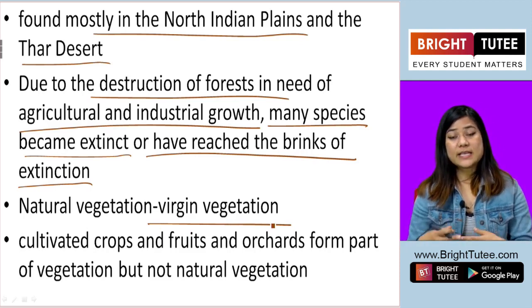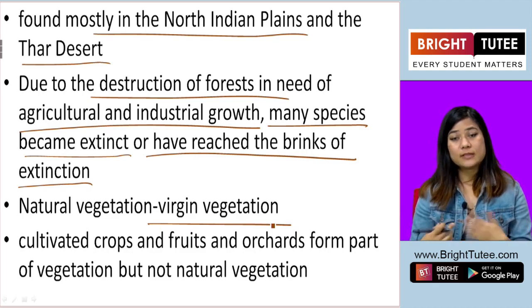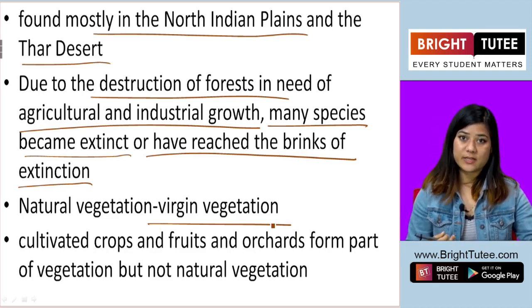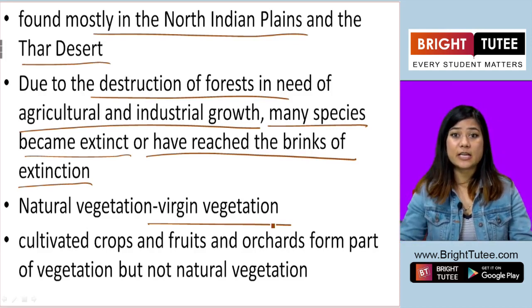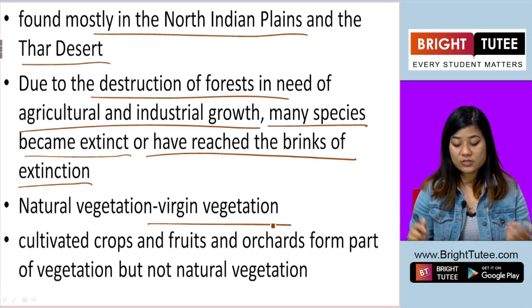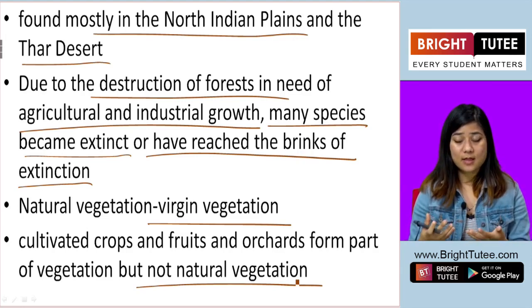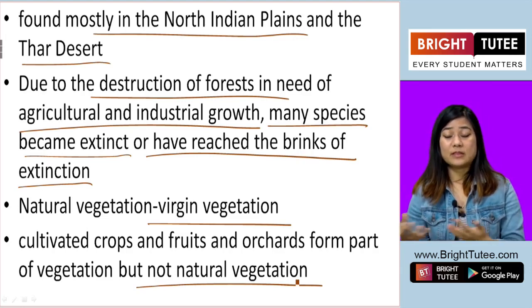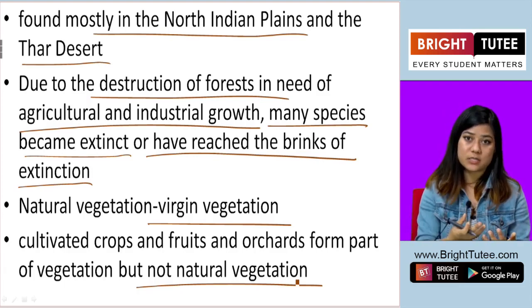So, when we say natural vegetations and virgin vegetations, we know that when crops are cultivated, when trees are planted, when there are plantations that cover the entire hill and the valleys, those are not natural vegetation because they are planted by men, they are planted by women, they are planted as a result of human intervention.